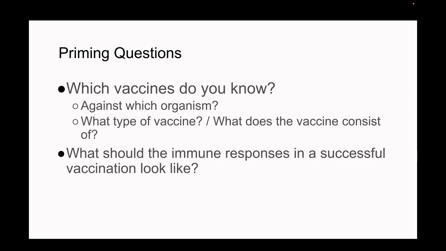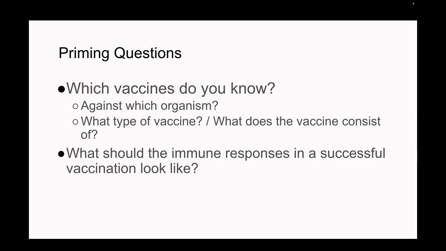The first priming question is, which vaccines do you know? On the one hand, against which organisms. What I'm looking for is not simply "against bacteria", but then list against which bacteria, for example, and other organisms as well. This is not something that we have talked about before.